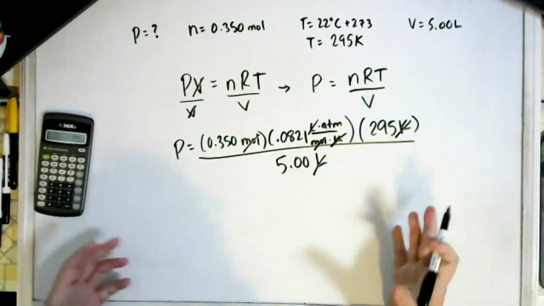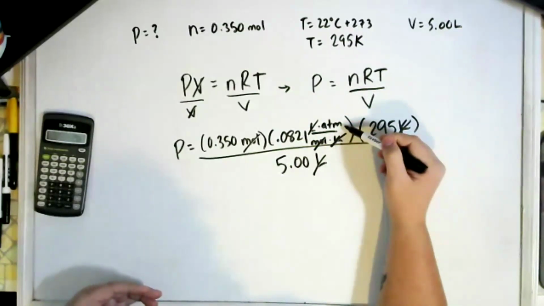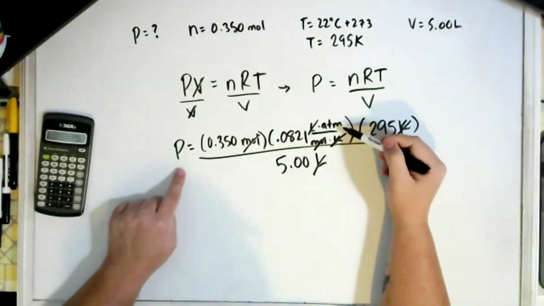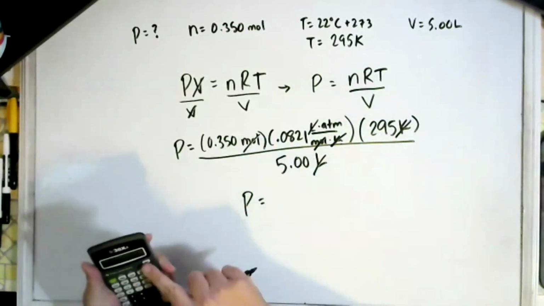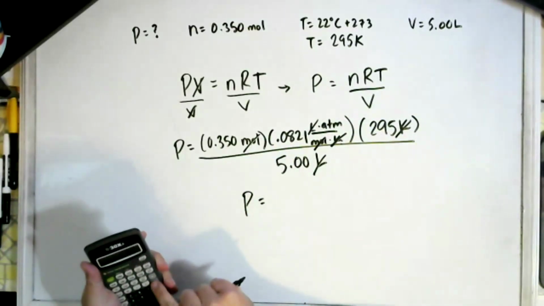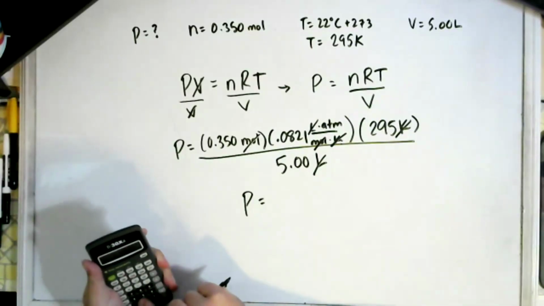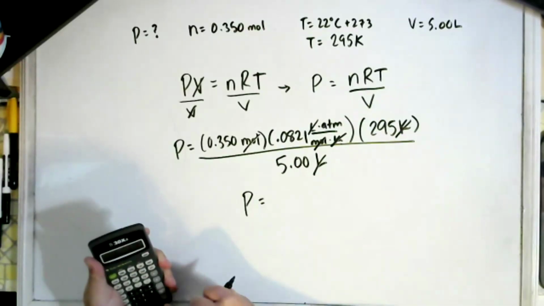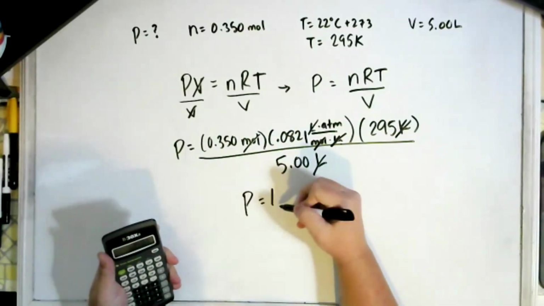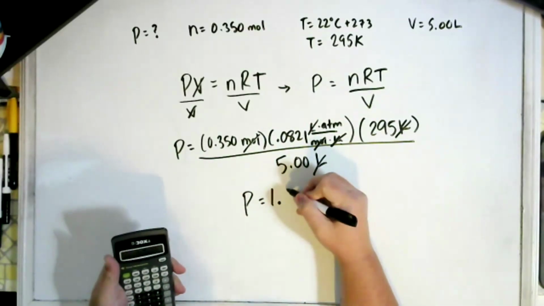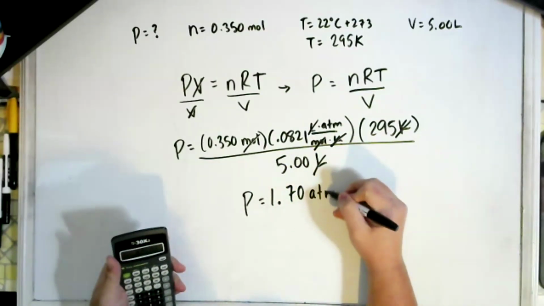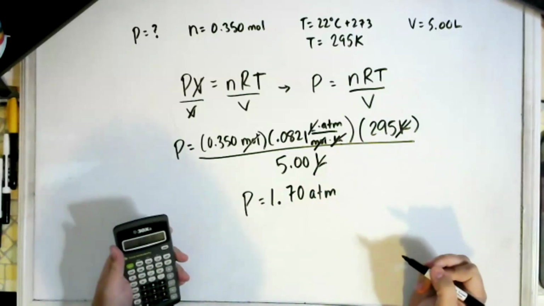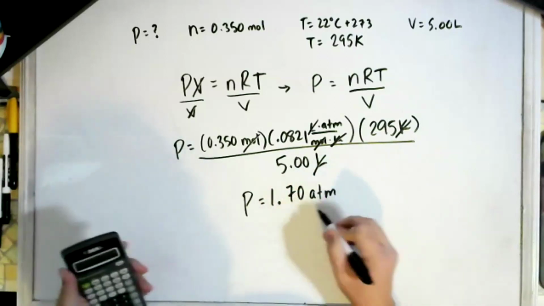And the only unit I'm going to be left with is atmosphere, which is my pressure unit. And my pressure is going to be 1.70 ATM. It's like 1.695. So 1.70 atmospheres.